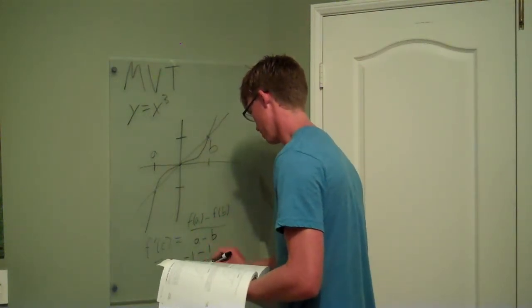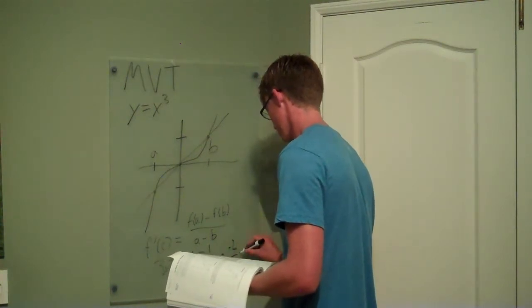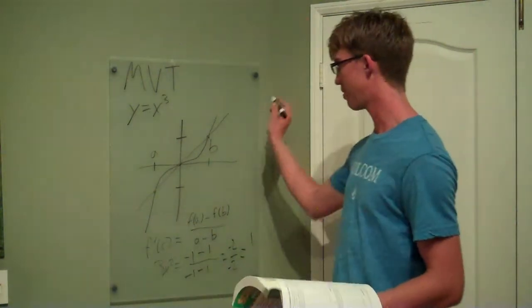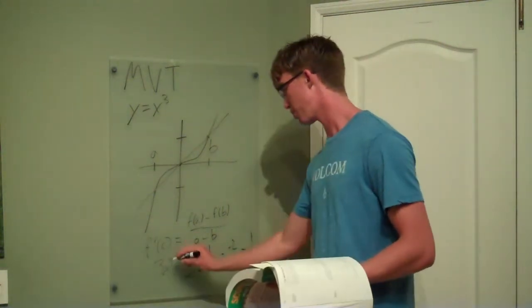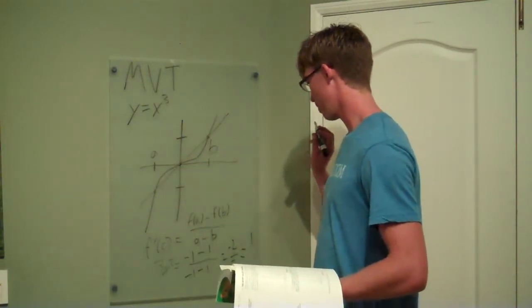Negative 1 minus 1 equals negative 2 over 2, negative 2 over 2 equals 1. And so the average slope is 1.